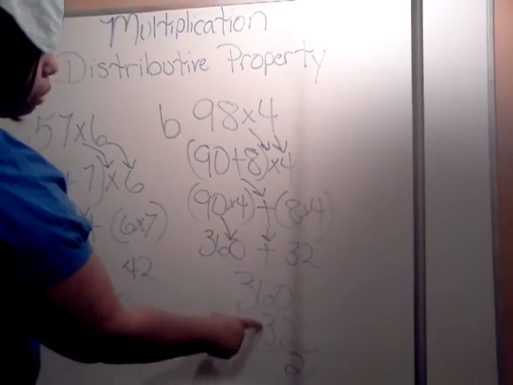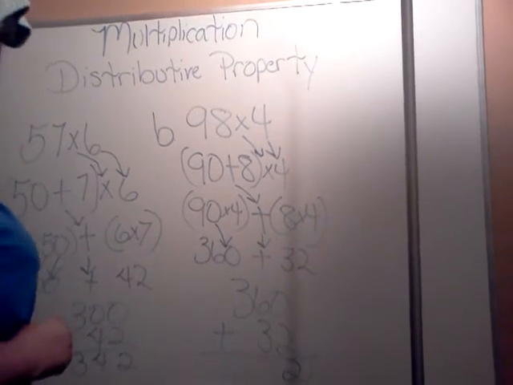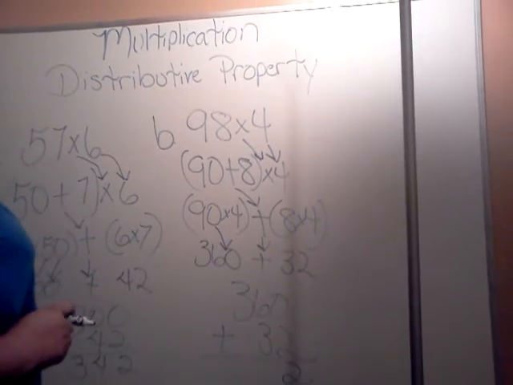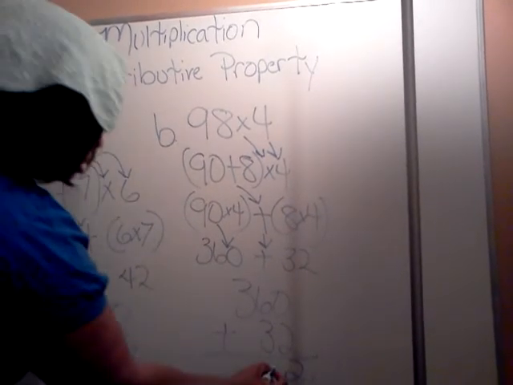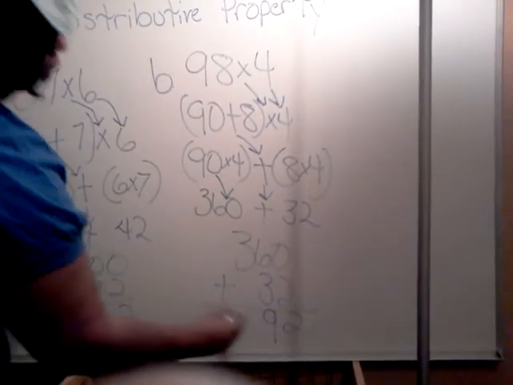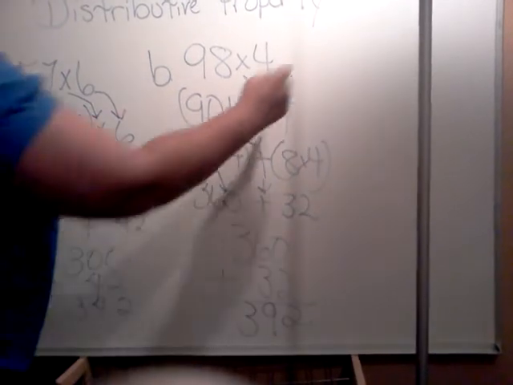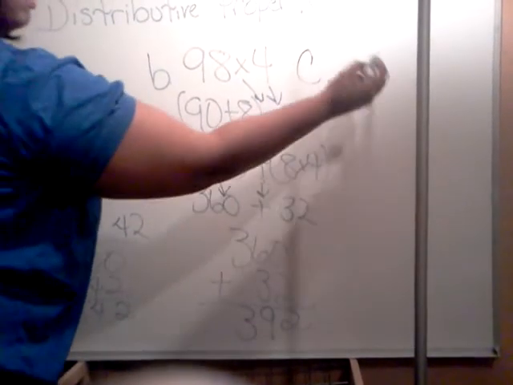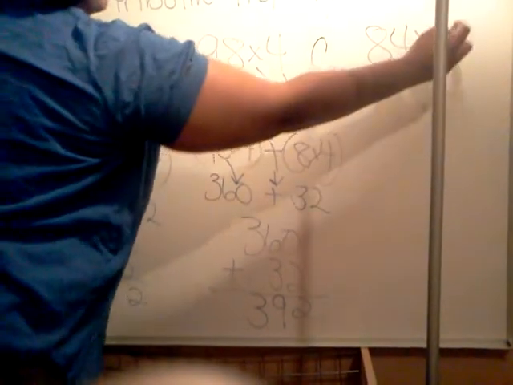Yes, so 6 plus 3 equals what? 6 plus 3, try it again. 9. Yes, I'm putting 9 in the tens place, and 3 plus 0 equals? 392. Very good, 392.